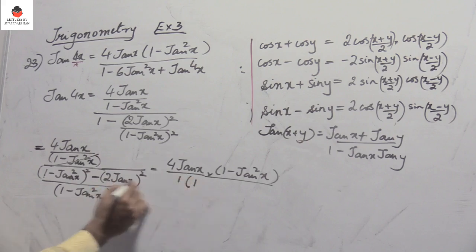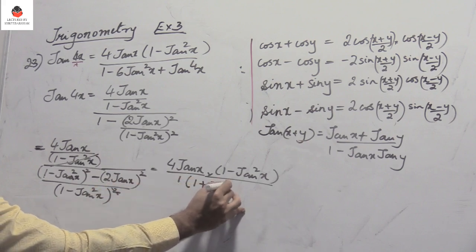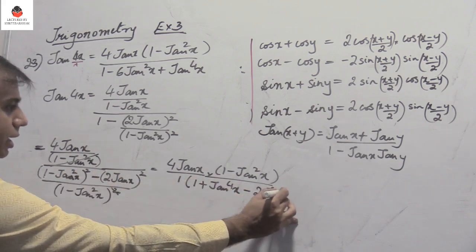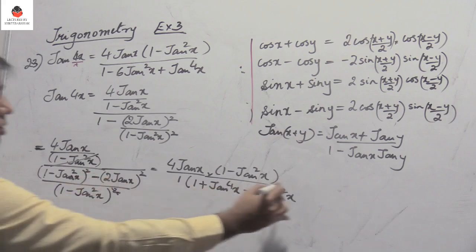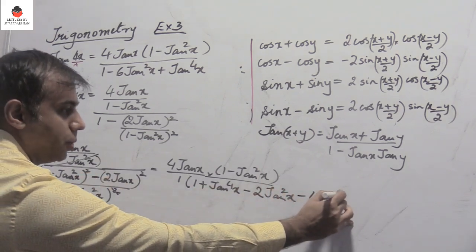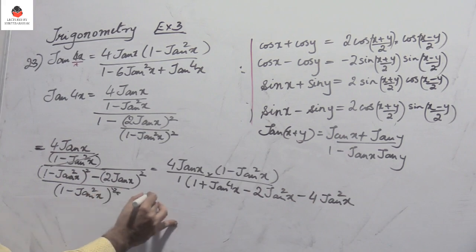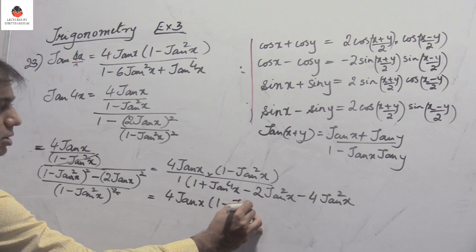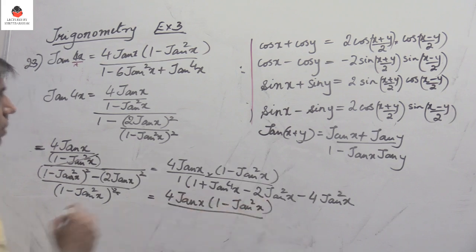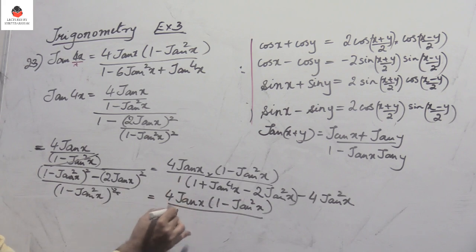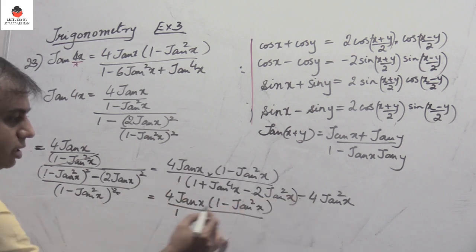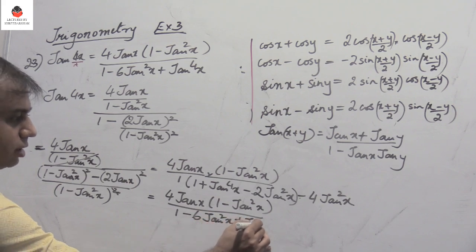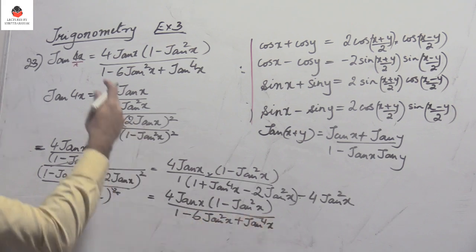So you have a squared plus b squared minus 2ab, minus 4 tan squared x. So what do we get? 4 tan x into (1 minus tan squared x) divided by, so it is 1 minus 2 tan squared x minus 4 tan squared x is minus 6 tan squared x plus tan power 4 x. So that's the RHS required.